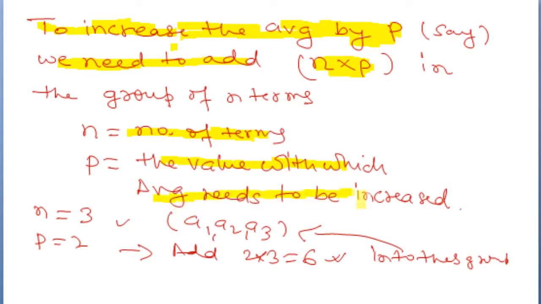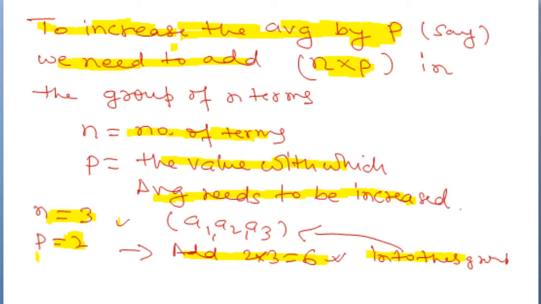I have already written here: if the number of terms is equal to 3 and the value by which the average is to be increased is 2, then we need to add 2 into 3, that is 6, into the group, say a1, a2, a3.